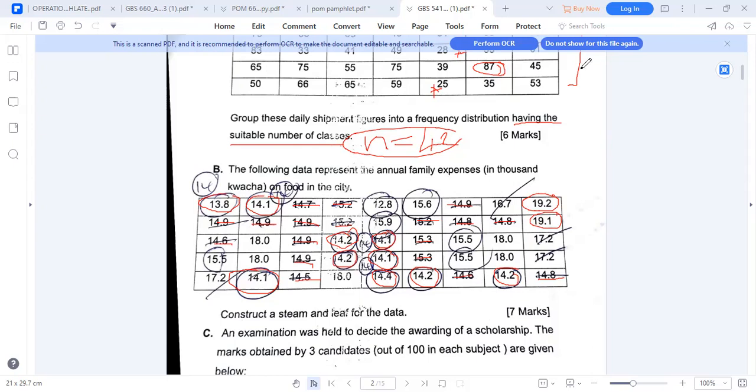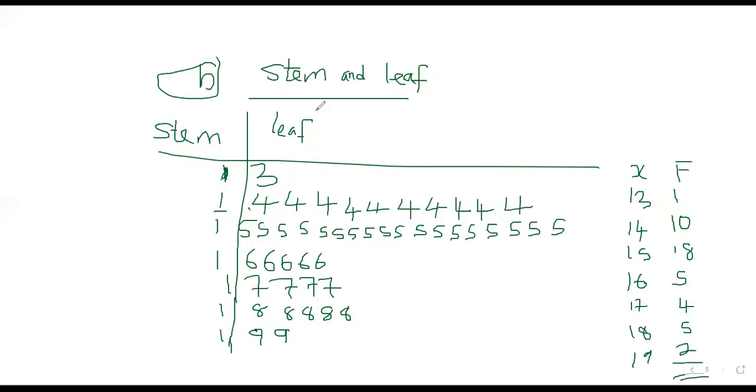So we have that one there. Okay, so 1 plus 10 plus 18 plus 5 plus 4 plus 5 plus 2.